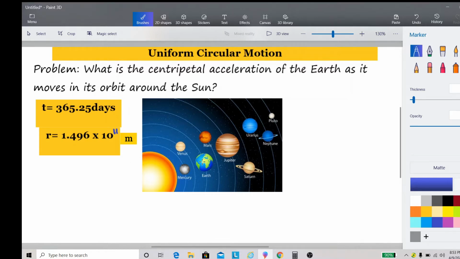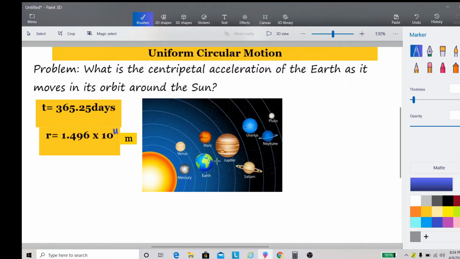The Earth is the third planet: Mercury, Venus, Earth, Mars, Jupiter. These are called the inner planets, and these are the outer planets.